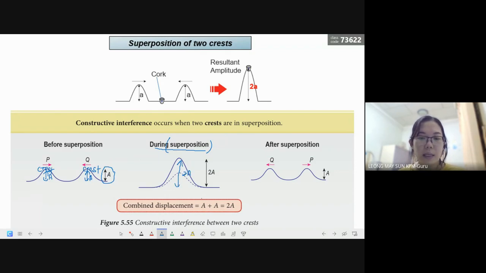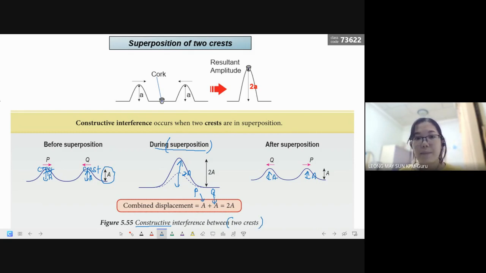Why? Because it adds up the amplitude from wave P and the amplitude of wave Q. After superposition, they will move back to amplitude A. So when a crest overlaps a crest, we will have a constructive interference pattern occurring.